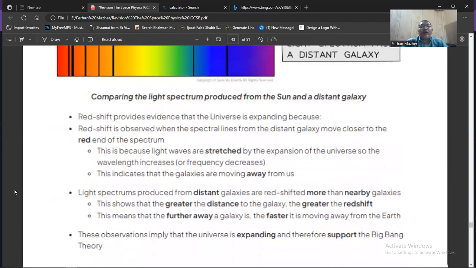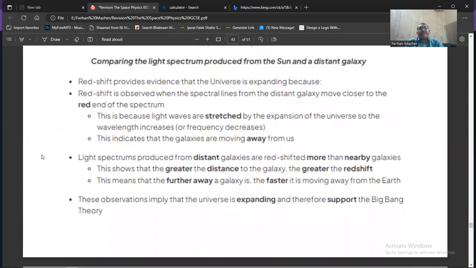So redshift provides evidence that the universe is expanding because redshift is observed when the spectral lines from the distant galaxy move closer to the red end of the spectrum. This is because light waves are stretched by the expansion of the universe, so the wavelength increases or frequency decreases. This indicates that the galaxies are moving away from us.